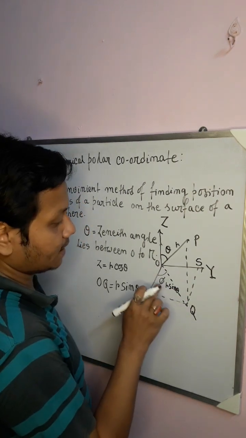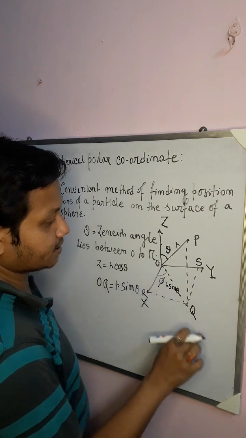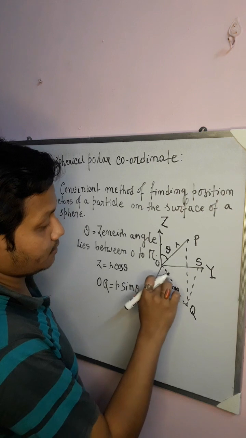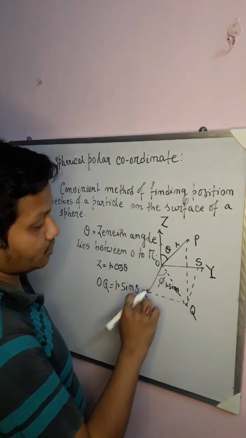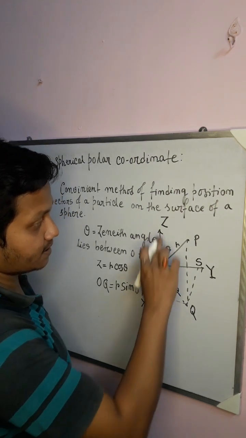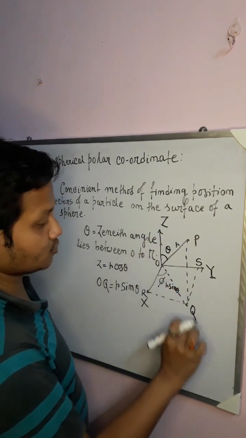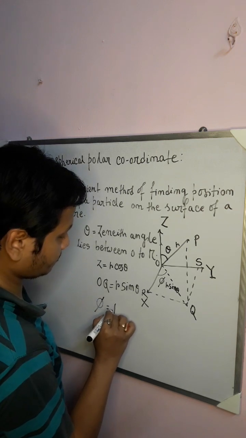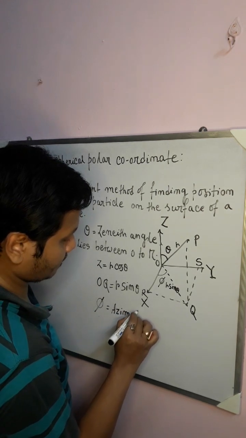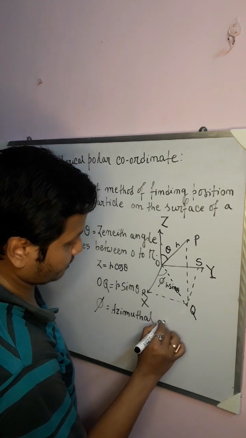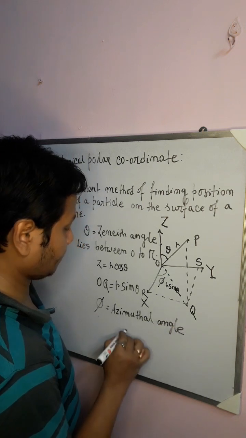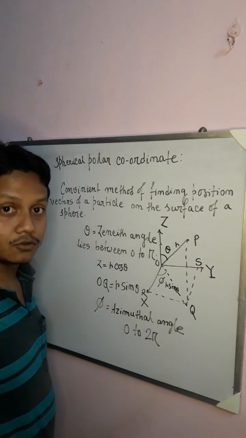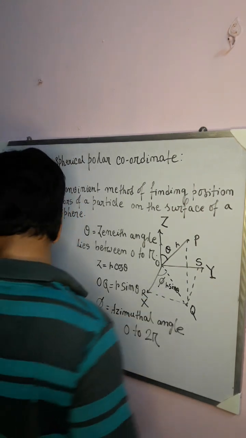The angle between the positive x-axis and OQ, the projection of OP on the xy plane, is phi, the azimuthal angle, and it always varies from 0 to 2 pi.